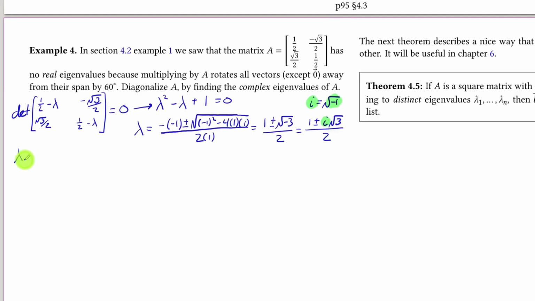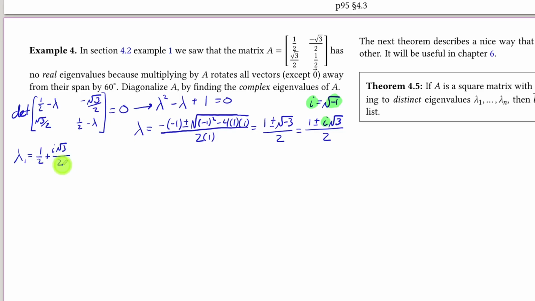So let's say we're talking about lambda 1 is 1 plus i root 3 all over 2. Maybe it would help to write that as 1 over 2 plus i root 3 over 2.